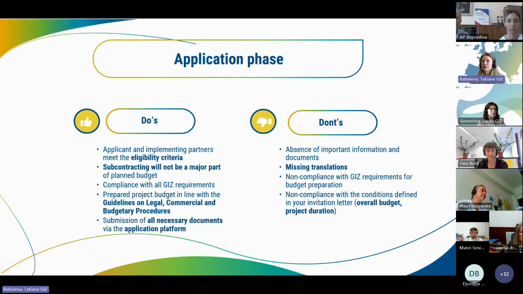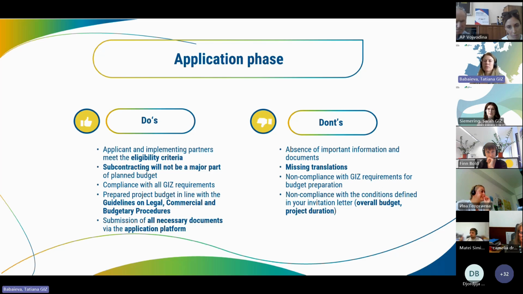On this slide, we collect do's and don'ts for the application phase to give you an idea of the aspects that we already mentioned, but which are especially important. Let's start with what you should do. Applicants and implementing partners meet the eligibility criteria.